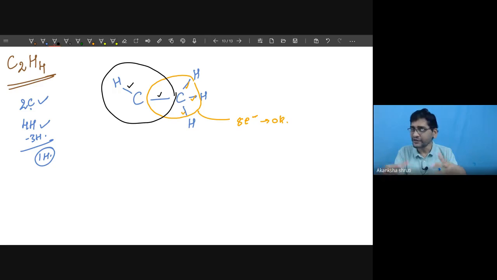I was left with only 1 hydrogen, so that's why I had given 1 hydrogen to the left carbon. So in this case, what are we observing? They have shared only 2 electrons, and 2 electrons are still left with this carbon. So a maximum of 6 electrons are available with this carbon.